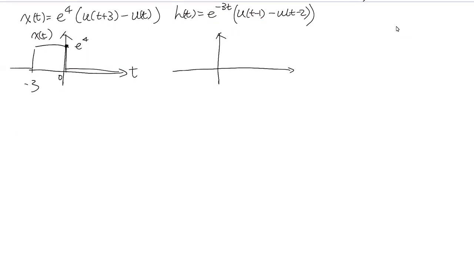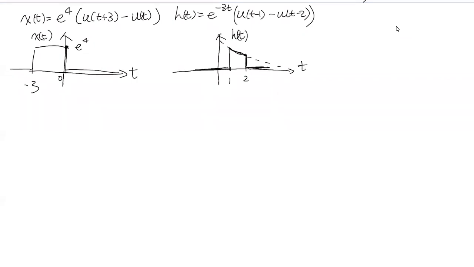So essentially you have just one segment of your exponentially decaying function. Say this is 1, this is 2, and you have values here, and then you have 0 here and 0 here.